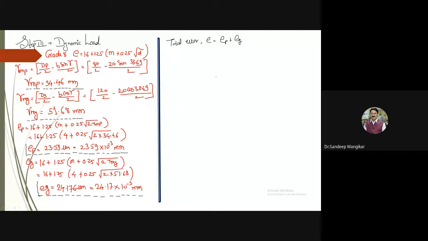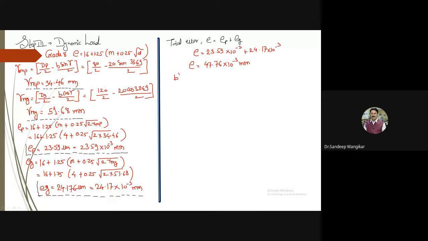So I can say here this E is equal to 23.59 into 10 raised to minus 3 plus 24.17 into 10 raised to minus 3. So you will get the value of error as E is equal to 47.76 into 10 raised to minus 3 millimeter.